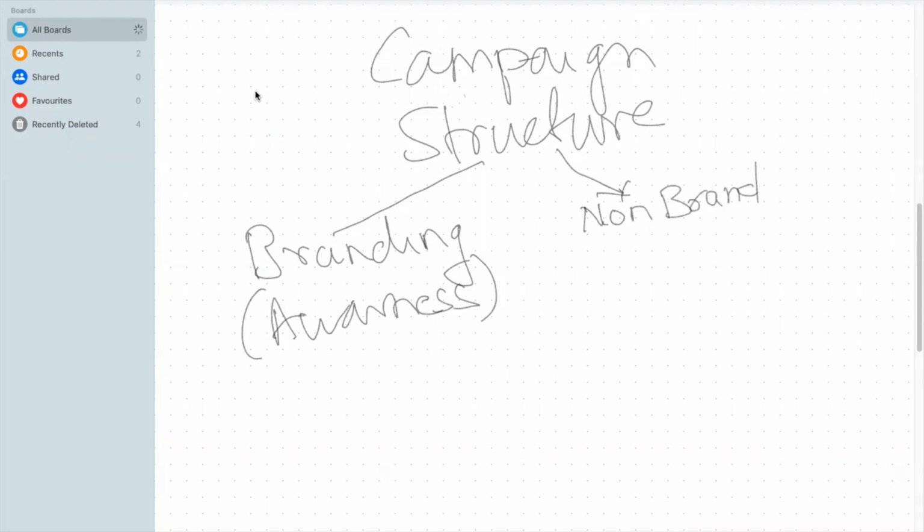Before setting up campaigns, we need to understand the structure as well. So this is usually what we follow. In non-brand, it can either be in non-brand only, or we can also have separate competitor campaigns as well.